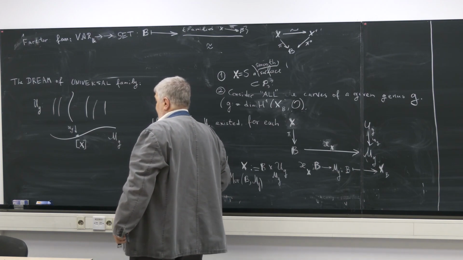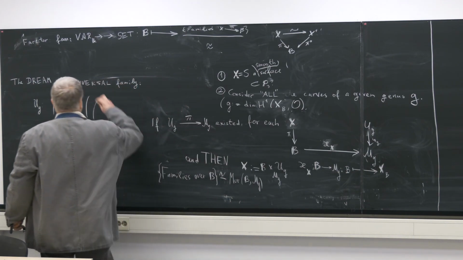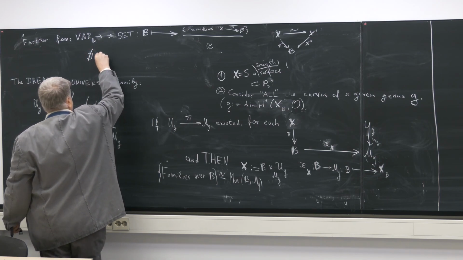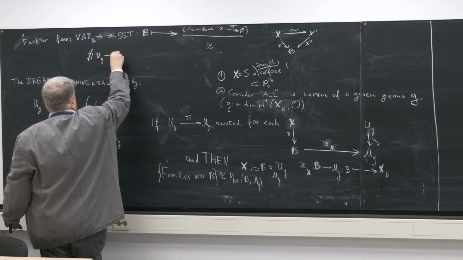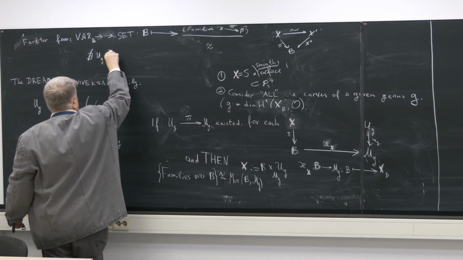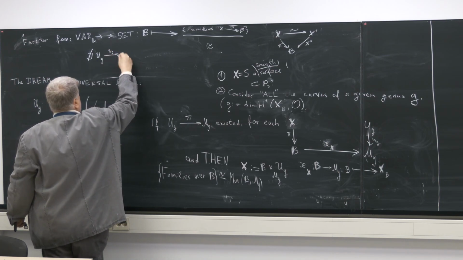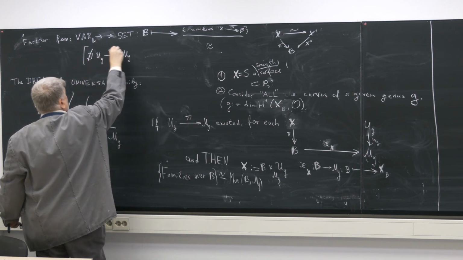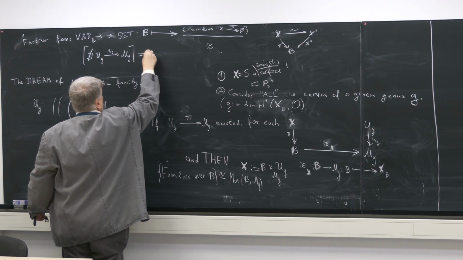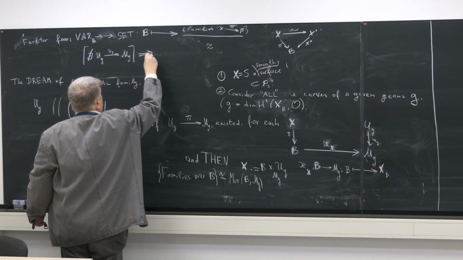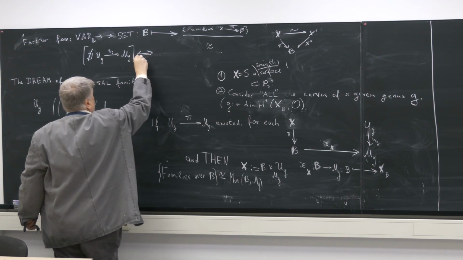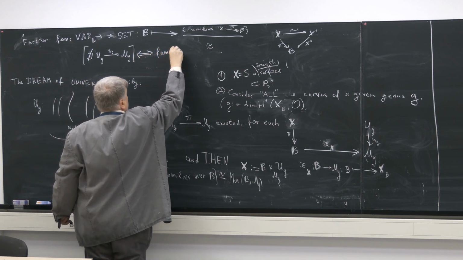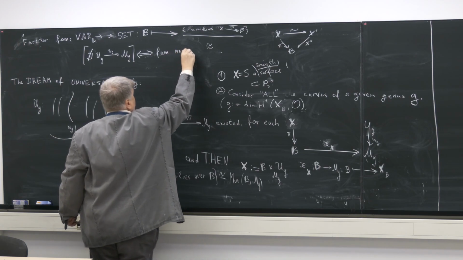So since it is just a dream, since such a thing exists, it means in the categorical language, it just means that the functor of families is non-representable.